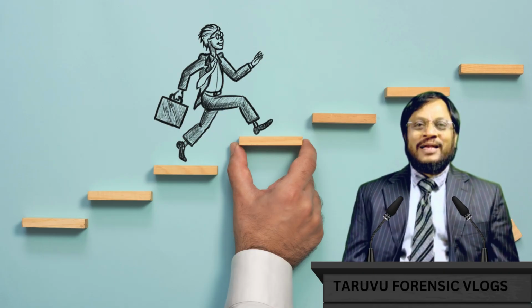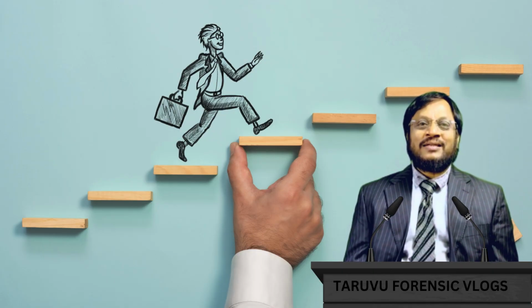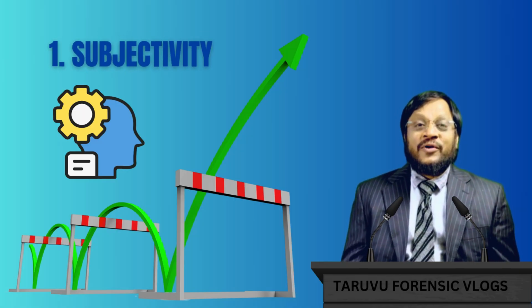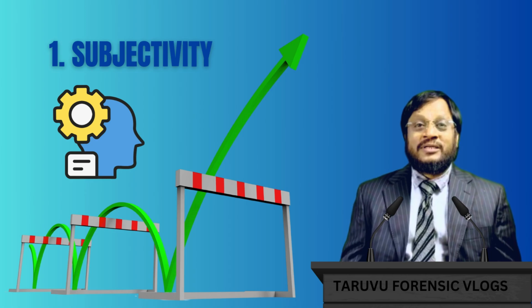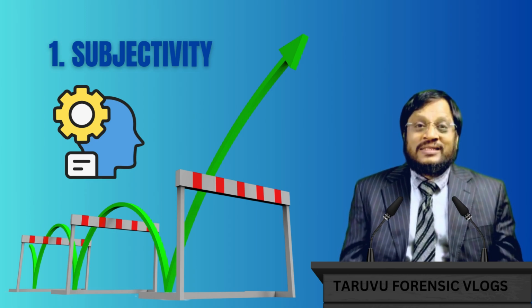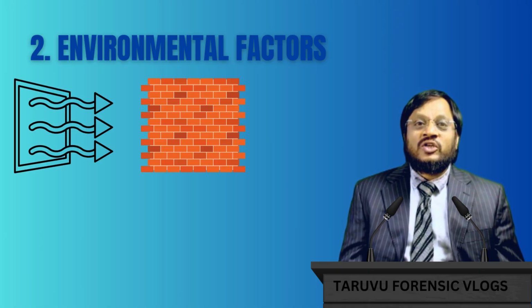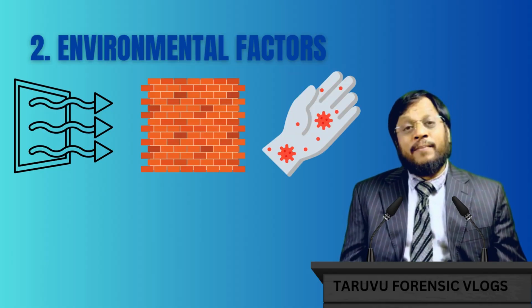Challenges in blood spatter analysis. BPA subjectivity: different experts might interpret patterns in different ways. Environmental factors, airflow, surface texture, and contamination can alter the blood patterns.